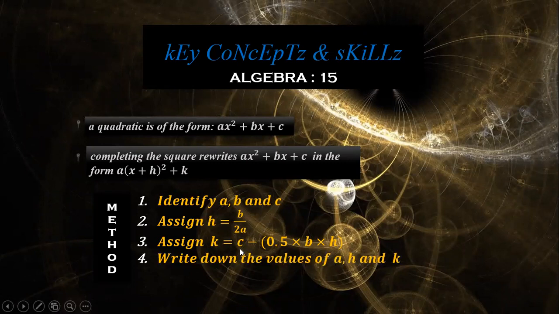Thirdly, we assign k to be c minus (0.5 times b times h). And then we're going to write down what a, h, and k are. So the a from here we get by observation, and h we work out with the formula. And k, we also work out with the formula. How do you all feel about that?